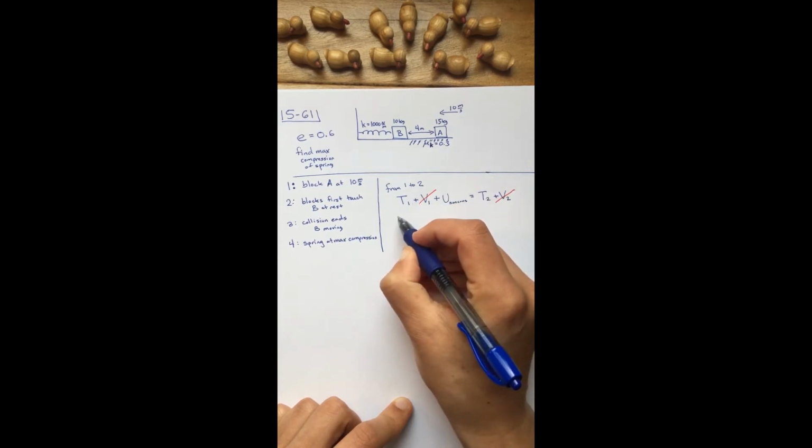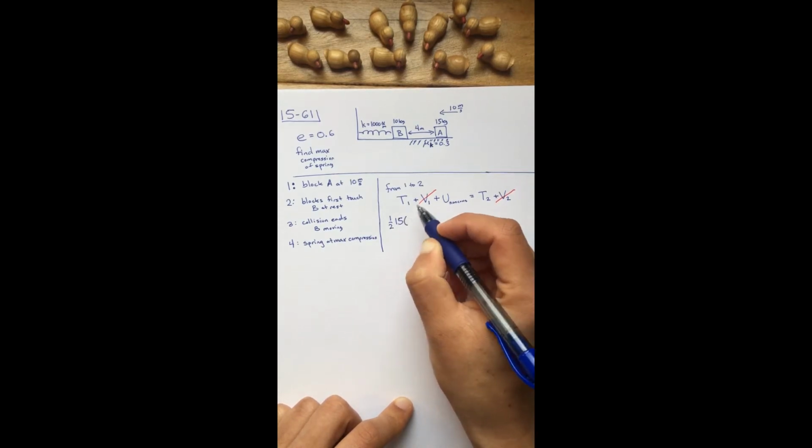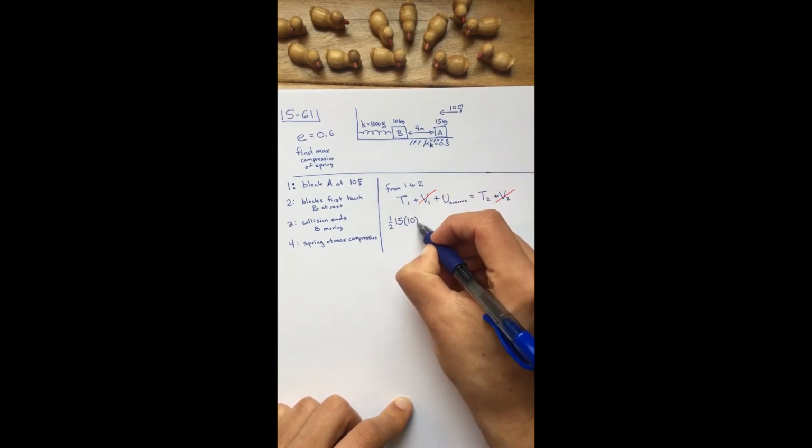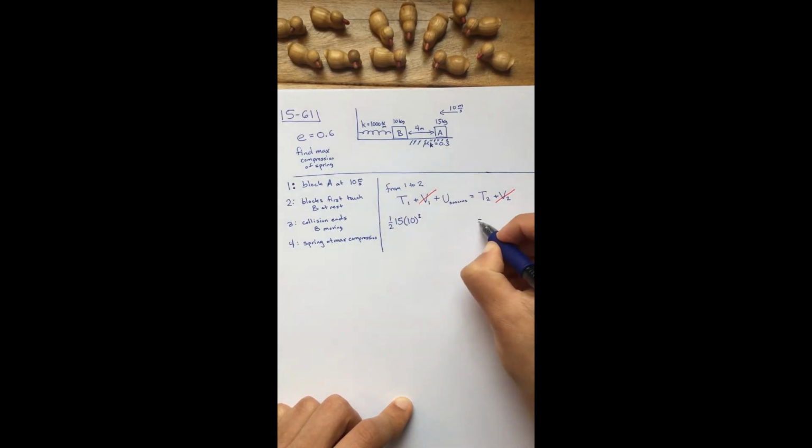So kinetic energy, remember, is 1/2 mv squared, so this is 1/2 times the mass of block A. Its initial velocity is 10, so that's 10 squared. Final kinetic energy is 1/2 times 15. This is only coming from block A, so that's VA2 squared.